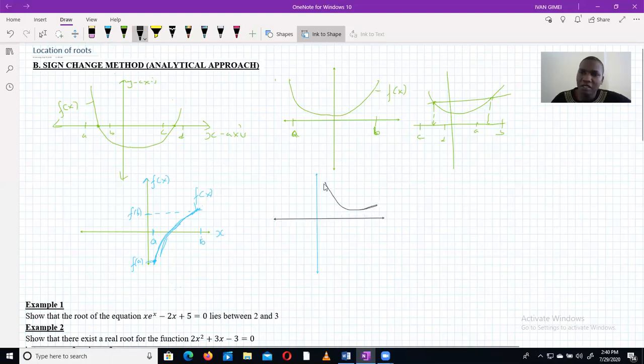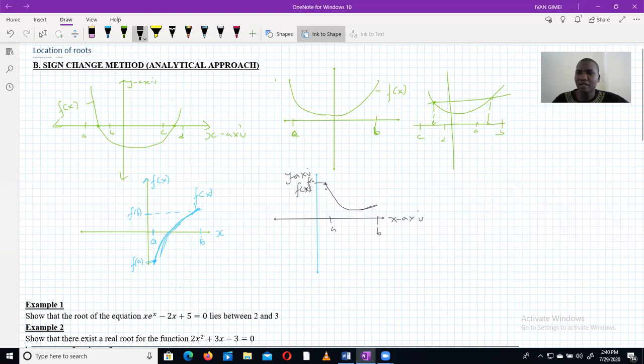When I put, of course, let me have my a here and my b here. This is my x-axis. This is the y-axis, with f of x. Now, when I put a in this function, my f of a will be somewhere there.